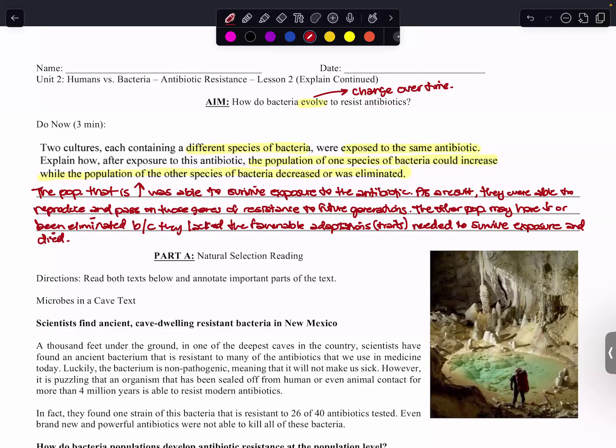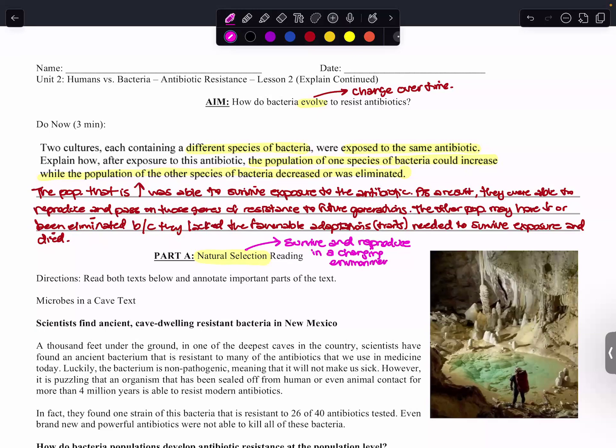Part A, natural selection reading. And again, whenever we talk about natural selection, we care about being able to survive and reproduce in a changing environment.